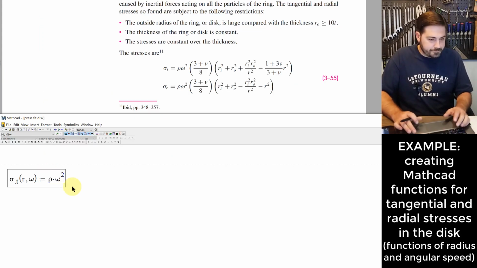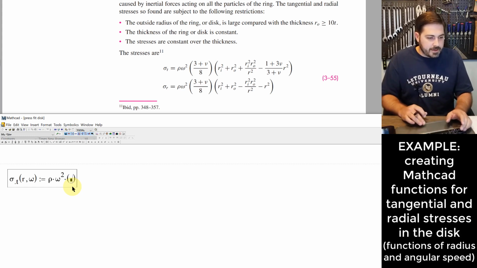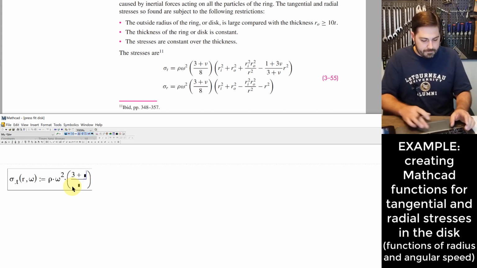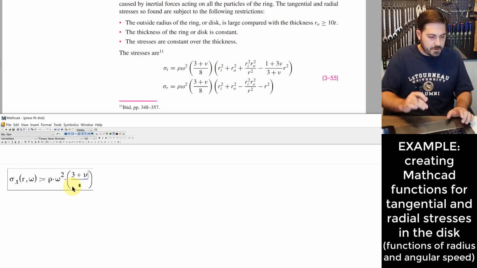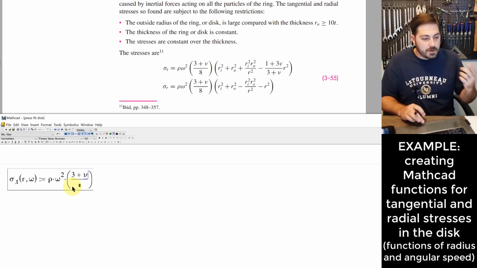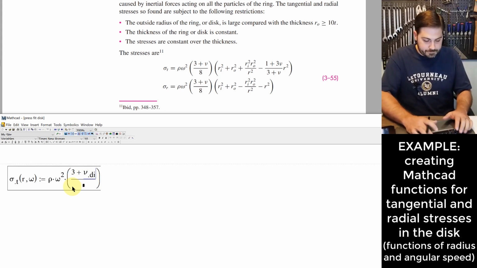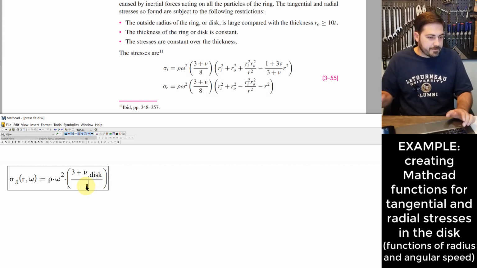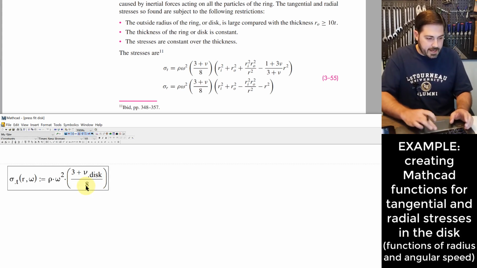I'm going to multiply this by a fraction here. This fraction is going to be 3 plus the Poisson's ratio for the disk, which I believe I called nu sub disk. Down here I'm going to have 8.